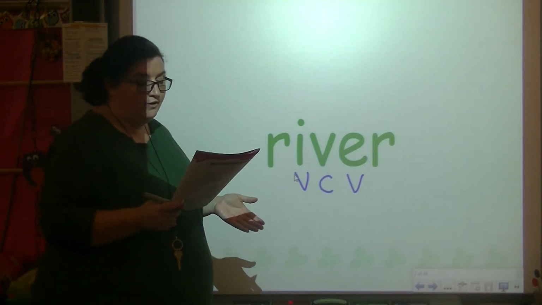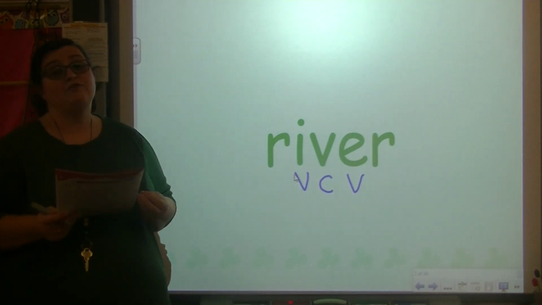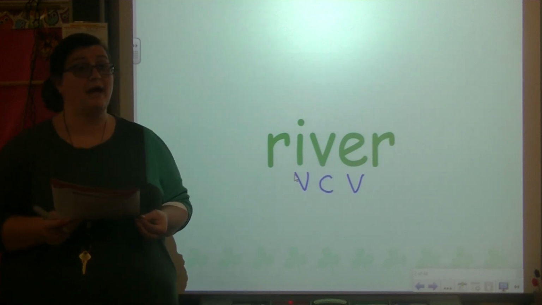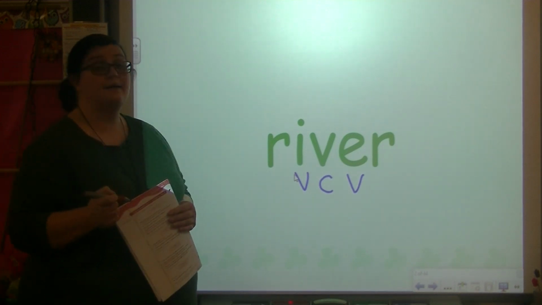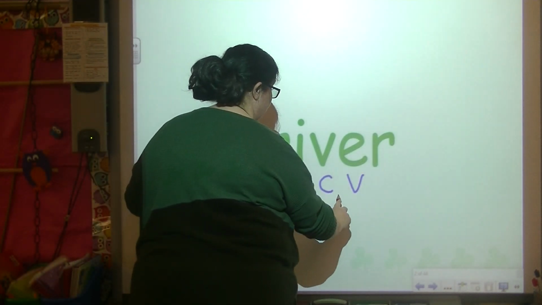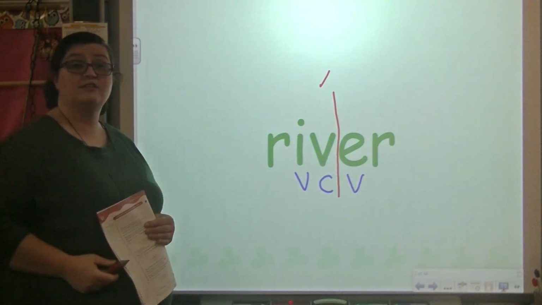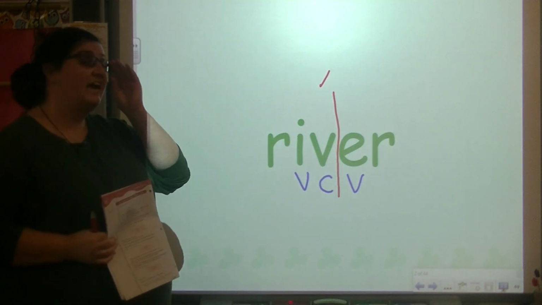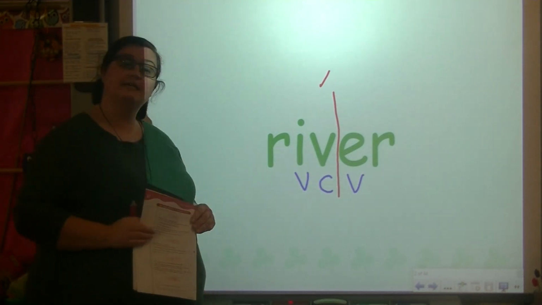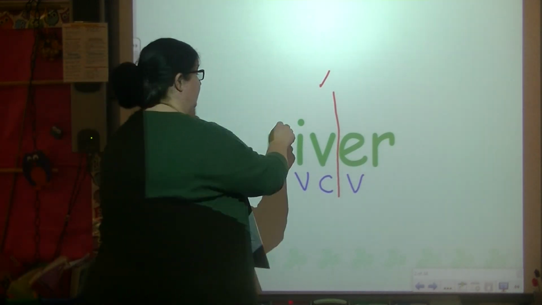This time, I'm going to divide after the consonant, because sometimes the words don't follow the pattern and we have to try it in a separate place. So I'm going to divide after the consonant and put my accent on the first syllable. Now I have a vowel followed by a consonant. That's short, right?